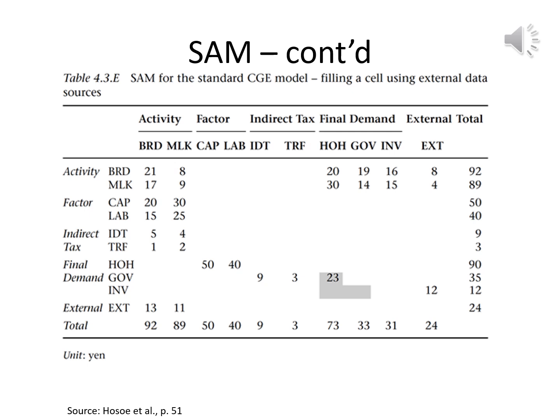So 23 is not calculated using any of the numbers you see in the non-shaded areas. This is coming from outside. Once we know that, our job becomes very easy. We now look at the new column sum. The new column sum is 73 for households, but the whole column sum must be equal to 90.